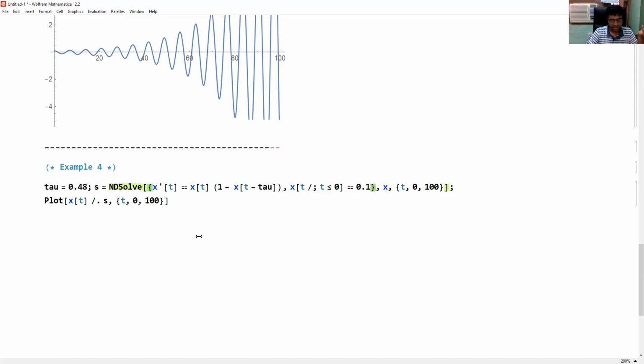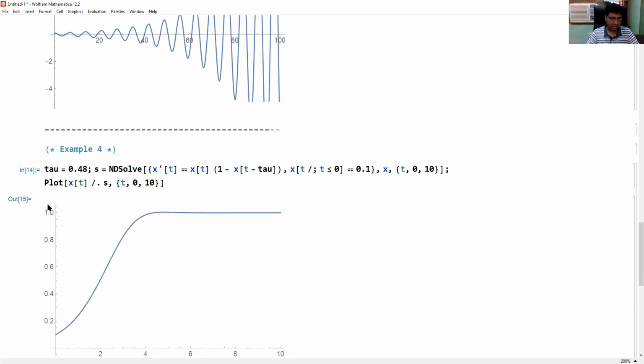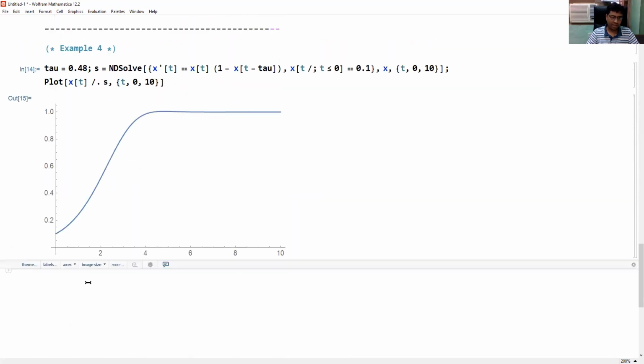Let us check. We are taking initial conditions in the neighborhood of 0. So no need to take up to 100. Let us take up to 10. So it is going away. Not necessarily unbounded. What is meant by 0 is unstable?